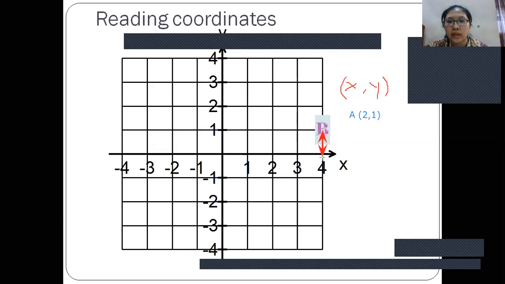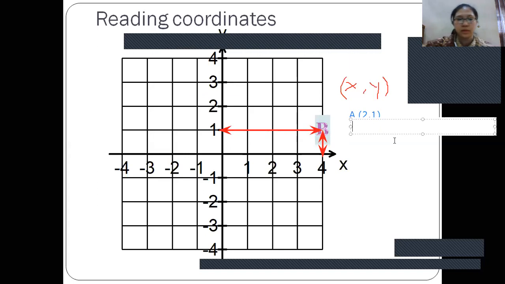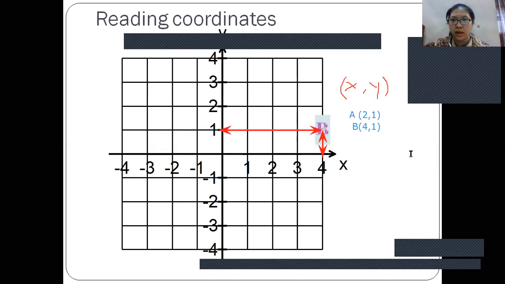On X, it is pointing at the position of 4. On Y, it is pointed at the position of 1. Therefore, the coordinates of B are (4, 1). That's how you read B.